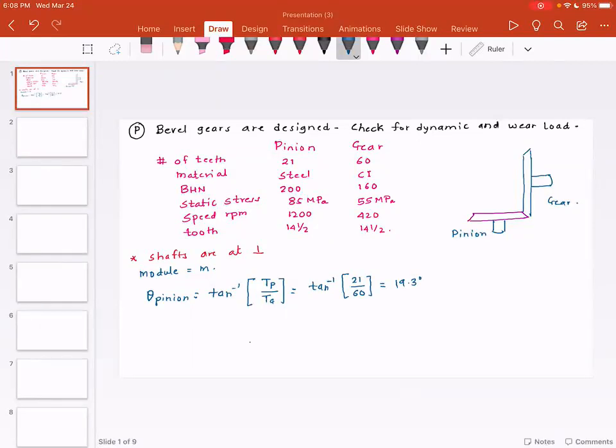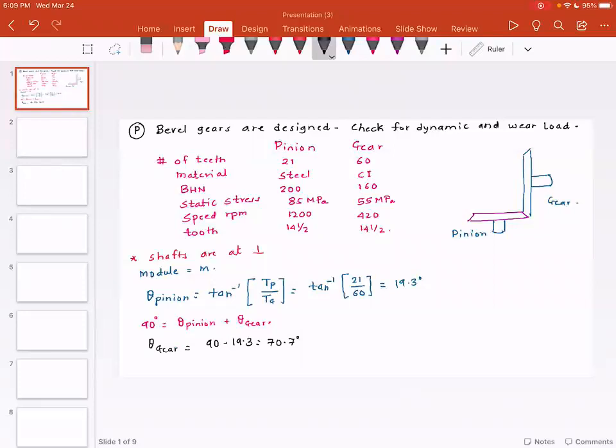Now, since the shafts are at 90 degrees, 90 degrees is equal to theta pinion plus theta gear. So the semicone angle for the gear, theta gear, is equal to 90 minus 19.3, which is 70.7 degrees.